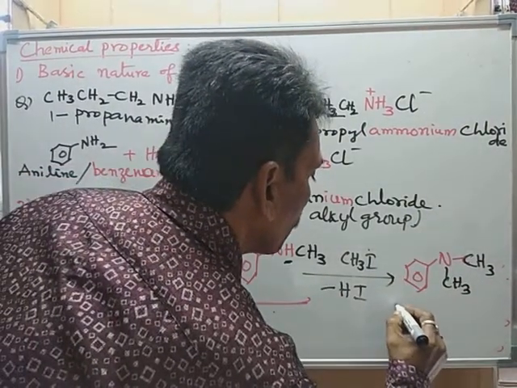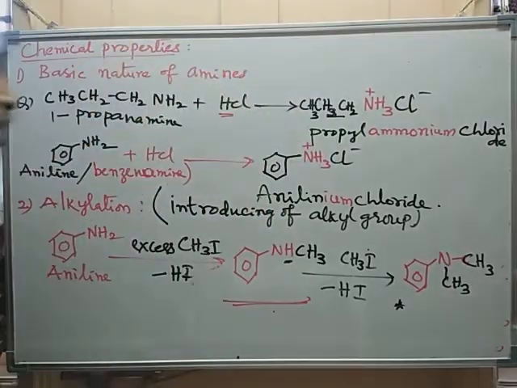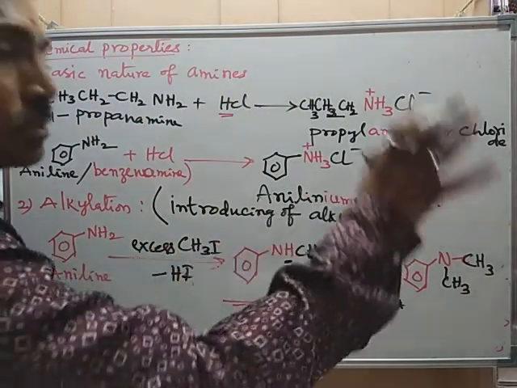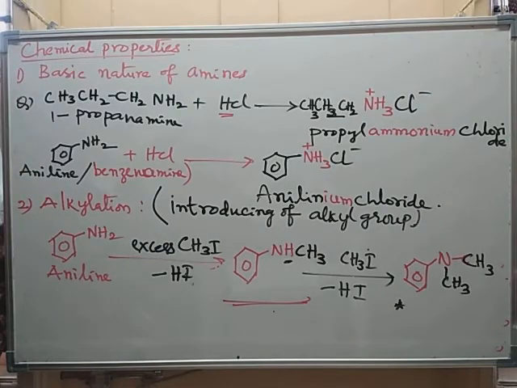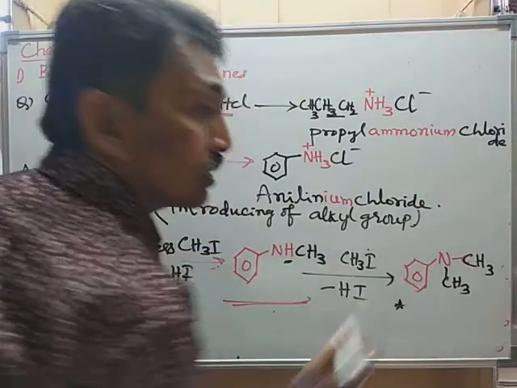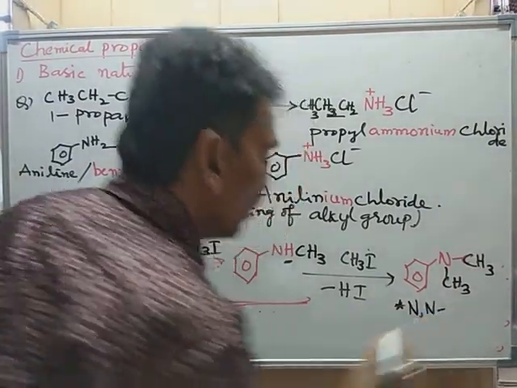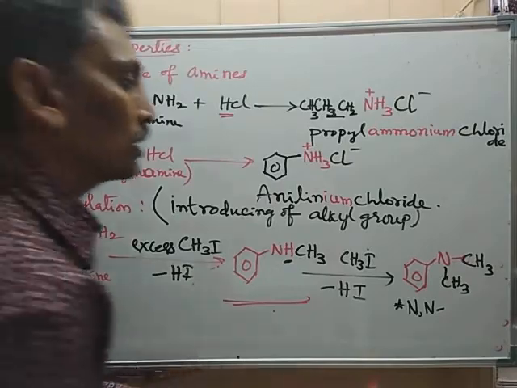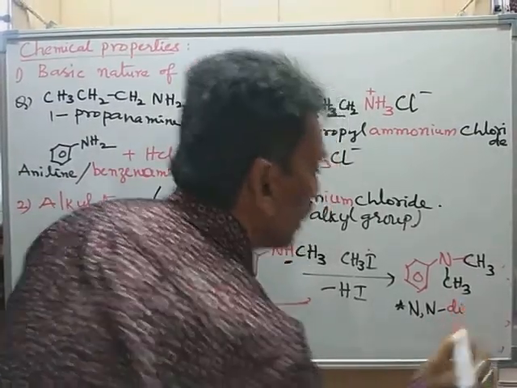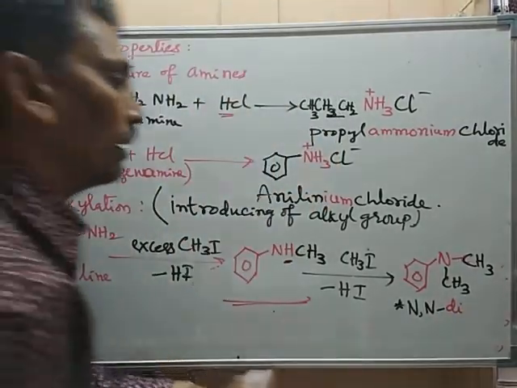And the name of the compound is asked in the examination. What is the name of the product formed when aniline is treated with excess methyl iodide? It is a question available in your textbook. The answer is, as methyl groups are present on the N atom, 2 in number, N,N. Methyl groups are present, 2 in number. The name of CH3 is methyl.